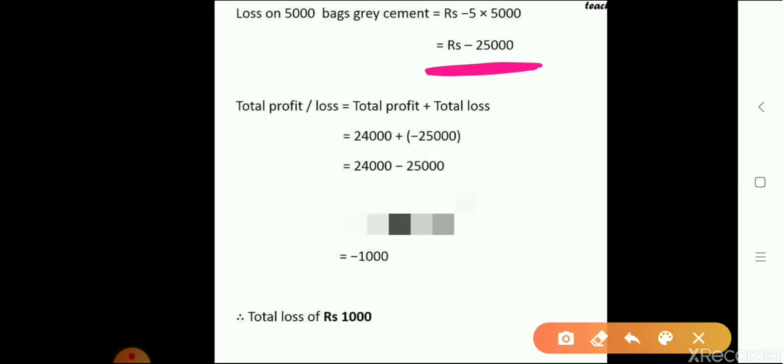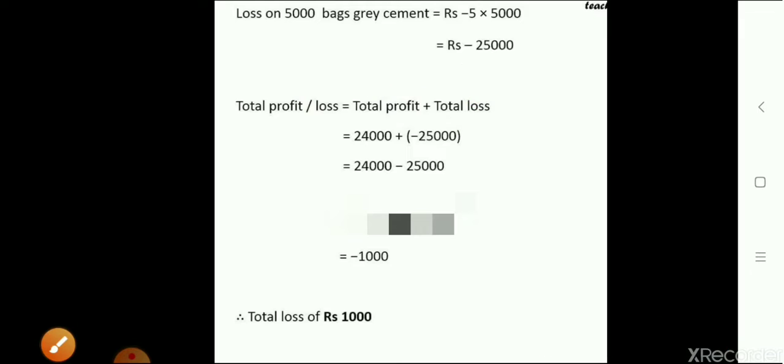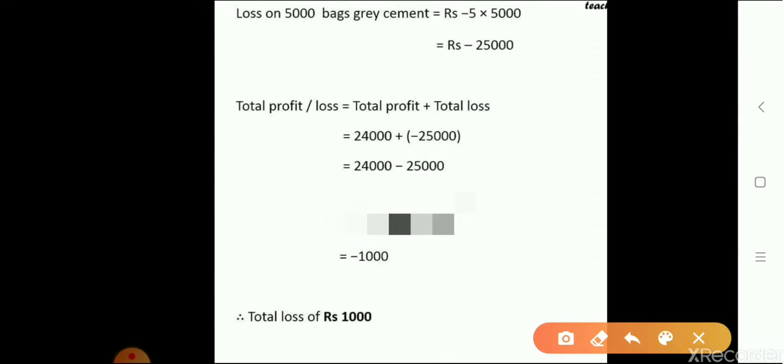We have to calculate the overall profit or loss, which will be total profit plus total loss. Here we are adding the loss and profit because we are already denoting the loss with a negative integer. So it will be 24,000 plus minus 25,000, and plus minus will be minus, so 24,000 minus 25,000.